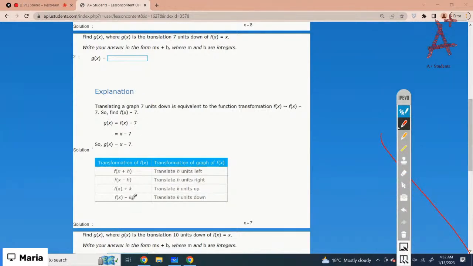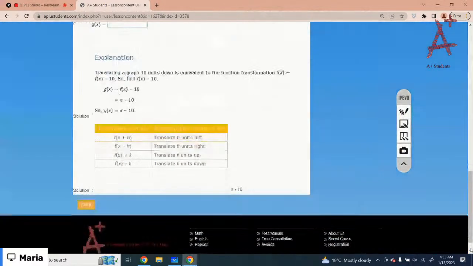You use the translation for when the function translates k units down. That would be f of x minus k. Here you are given f of x that is x and k is 7, so you have x minus 7. Got it? Okay, please keep this table in your mind, and that would make it very easy for you to do the translations on the functions. Got it?